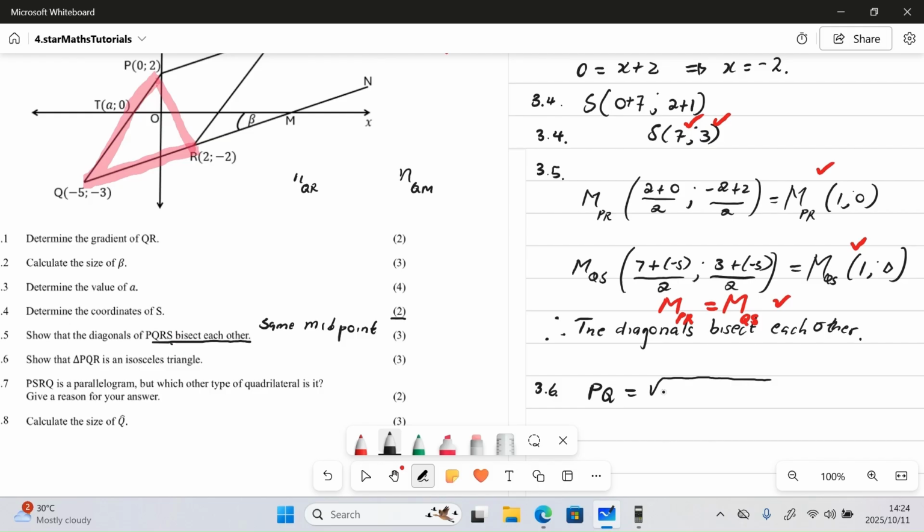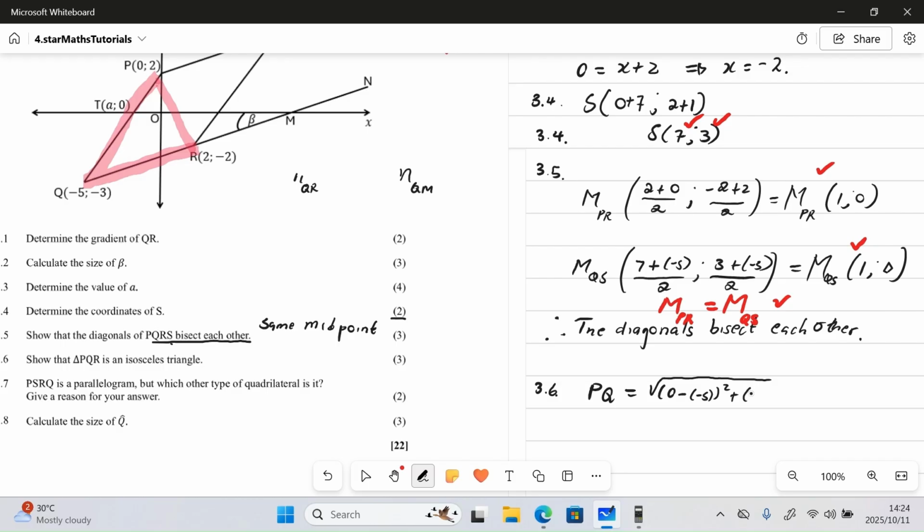Remember the formula. x at Q is minus 5. PQ: x at P is 0 minus x at Q minus 5, squared. Then what about y?